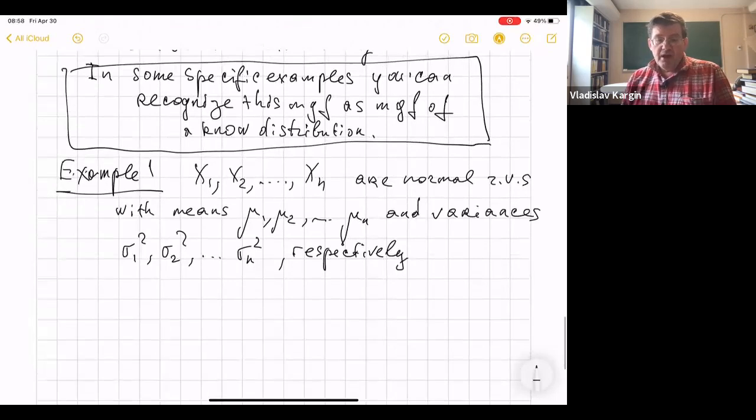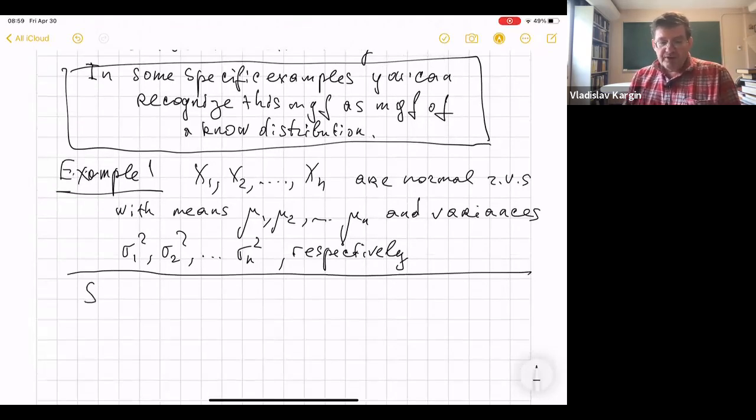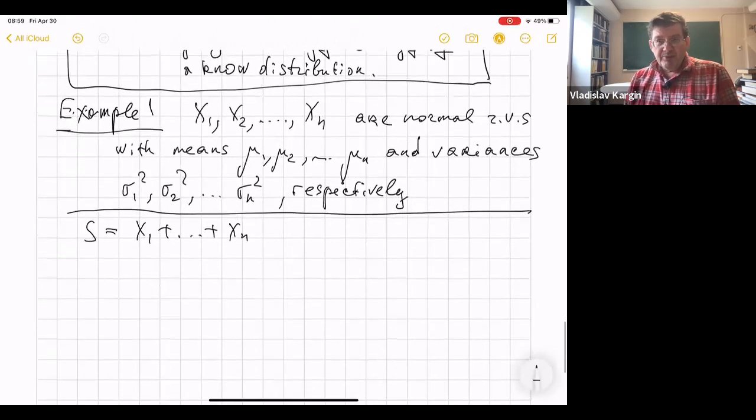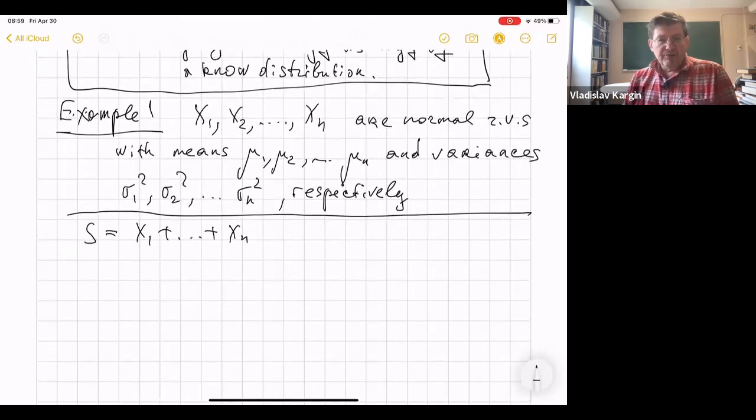So let us apply this method to this example. We want to figure out the distribution of S, which is equal to X1 plus so on plus Xn. To apply the MGF, we need to recollect the MGF of a normal random variable with given parameters.